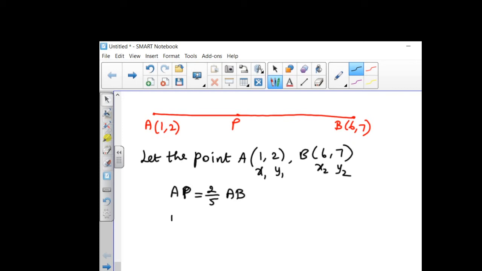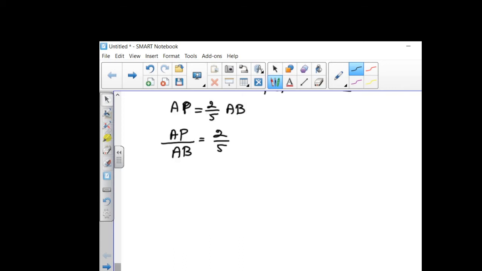you can take AP divided by AB is equal to 2 by 5. That means AP part is 2 and the total AB part is 5. If you want to find PB, listen, AP + PB is equal to 5, that is AB.